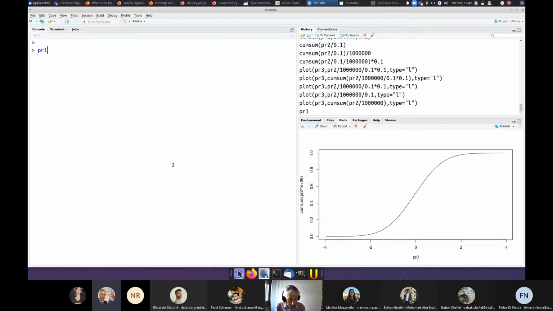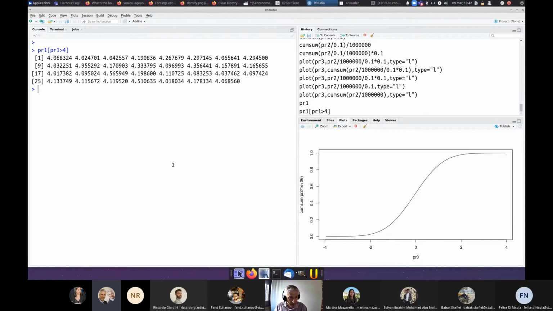If you want to put a condition on the vector, like print on the screen the instances of PR1 with the condition PR1 greater than 4, then you are printing only the numbers that are greater than 4. And then in our case, I wanted to compute the length of it. So let me make it here as an example.